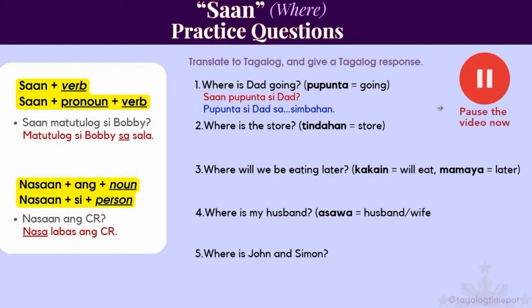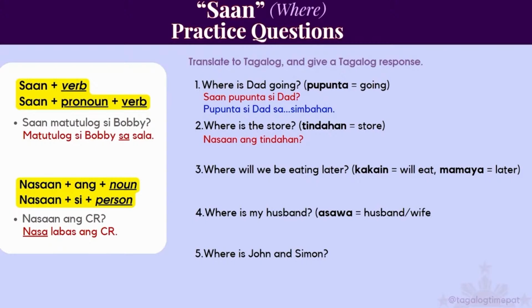Pause the video now. You try the next 4 examples and we'll go over it together. Okay, so now let's do number 2. Where is the store? Tindahan is store. It would be nasaan ang tindahan. So we're asking about a noun, the store, so we have to use nasaan.